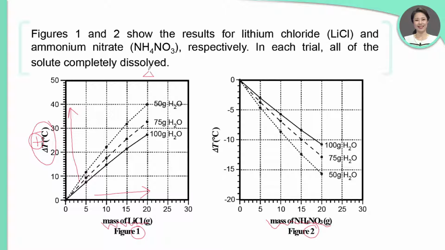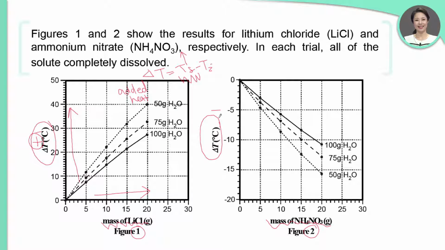Delta T is T final minus T initial. If it's positive, that means T final is higher than T initial. That means you added heat to the solution, so delta T is positive.